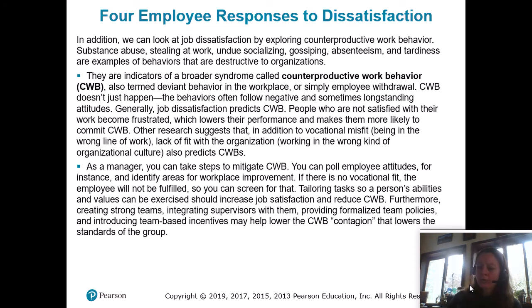So, of course, as the CEO, the person at the top of that corporation, that organization, this is what you're trying to avoid, this counterproductive work behavior. And that's why you would get an IO psychologist to come in and help figure out how to improve that environment.